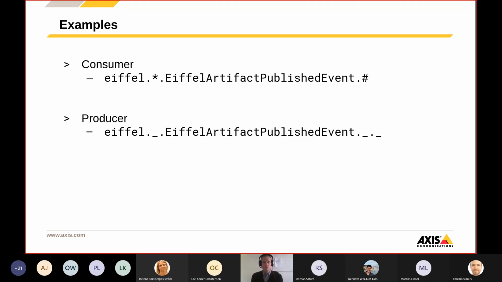While a producer that doesn't use the family field or any tags or any domains could just publish an event with this routing key. So in this particular example, the event published by the producer would get picked up by the consumer's queue in this case.